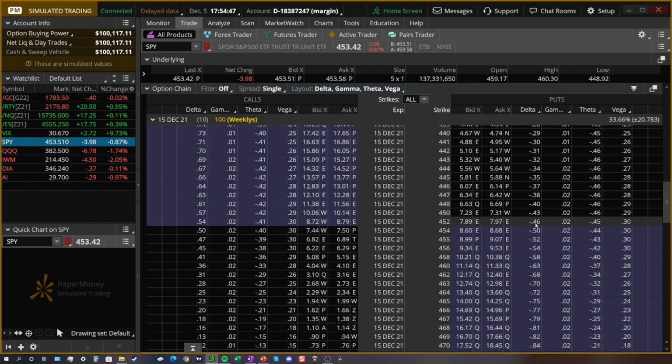For call options, you want to make sure you watch the strike prices as you go up on the screen. The strike prices are actually going down, so they're becoming more in the money for call options, which means the delta is increasing. And the option price, the bid ask on the option price, is increasing.